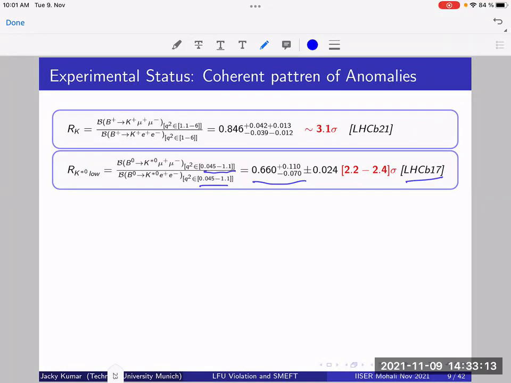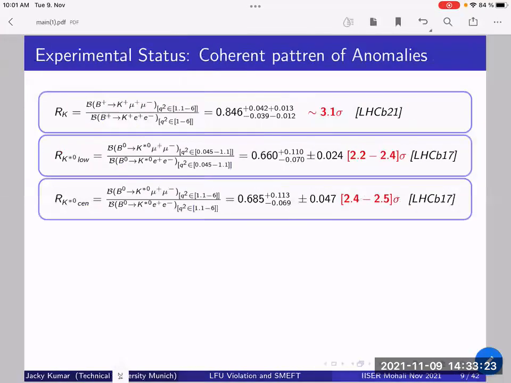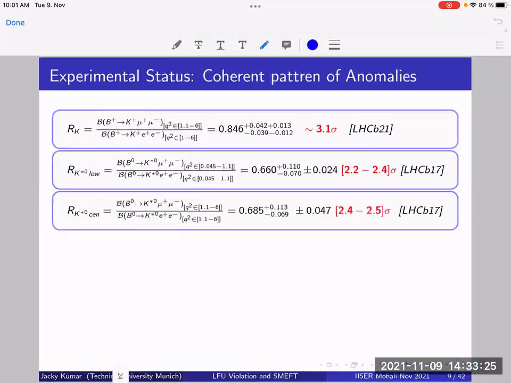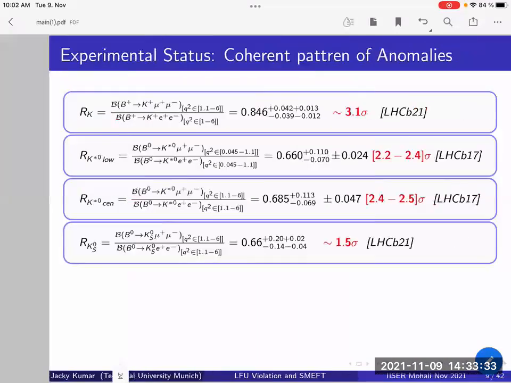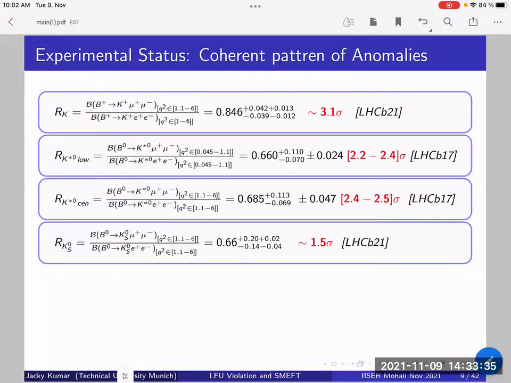There are other measurements from BaBar or Belle, but I think they are not so precise. This is about a 2.2 to 2.4 sigma discrepancy. Similarly, they have also measured this same thing in other bins, and consistently they find a discrepancy in all the bins. And very recently, LHCb has also measured B0 to K short 0.